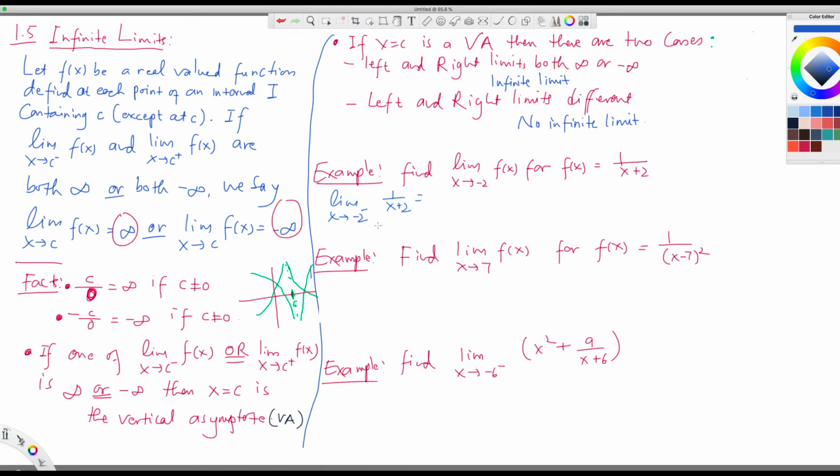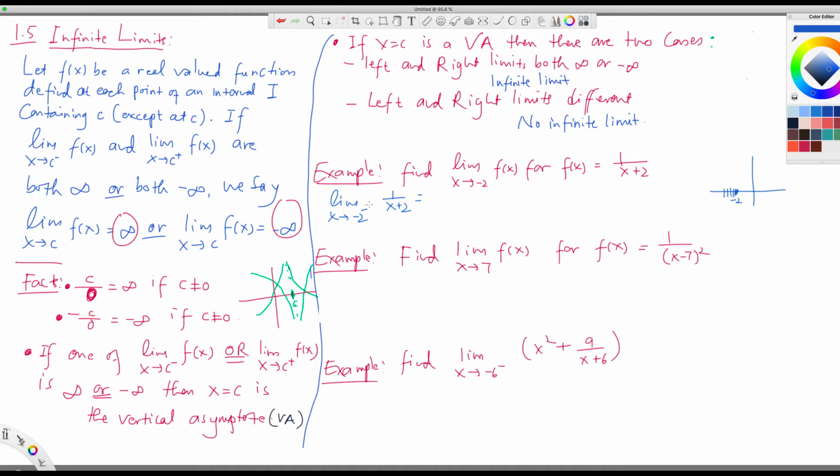What do you get? You are going to negative 2 from the left. So you will get, for example, negative 2.5, negative 2.4, negative 2.3, negative 2.1, negative 2.01, negative 2.001, and so on.